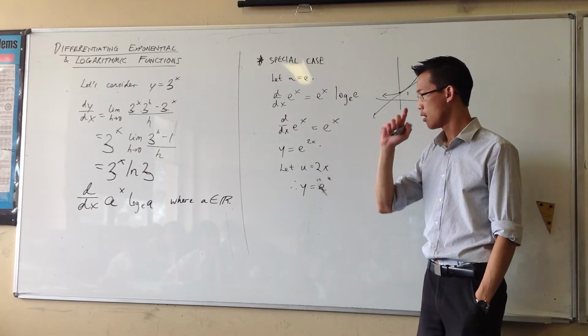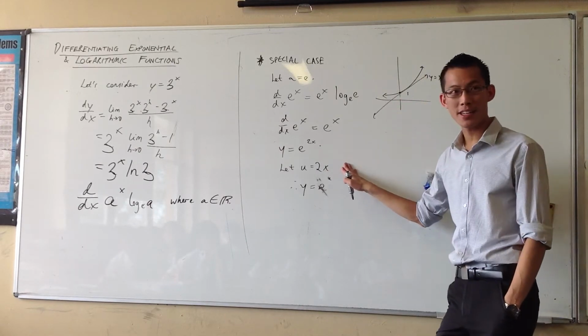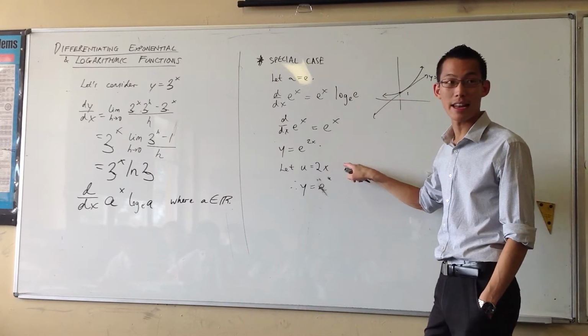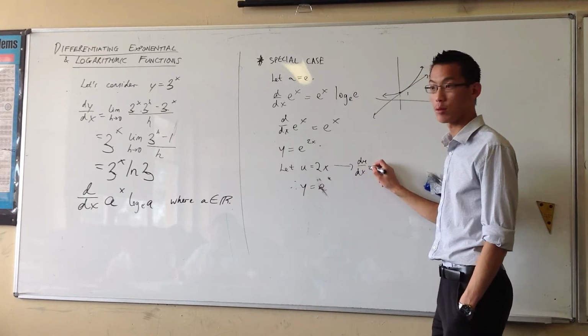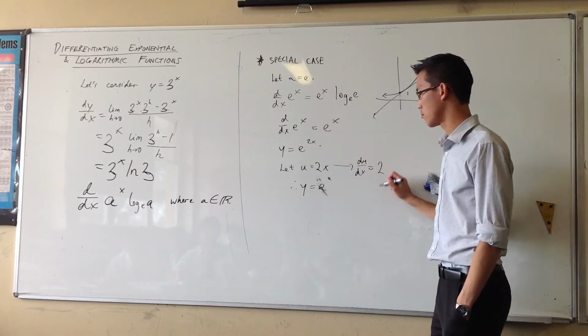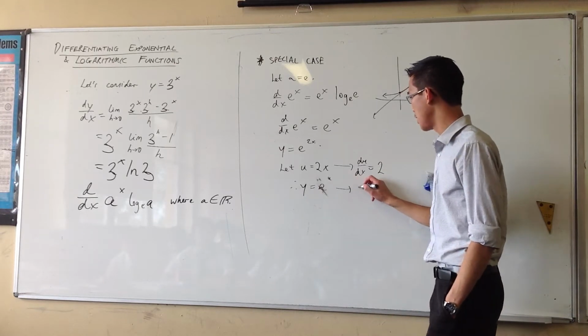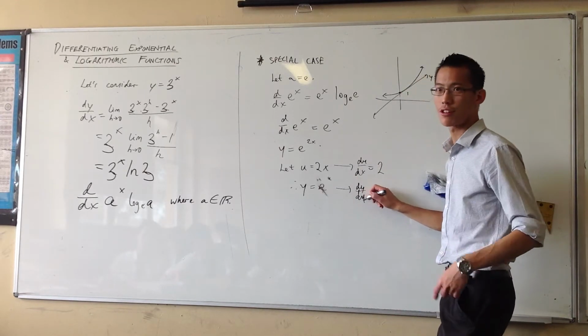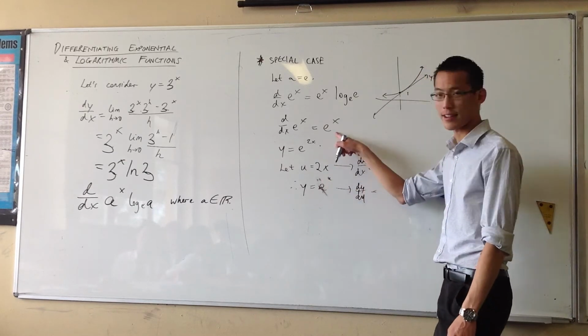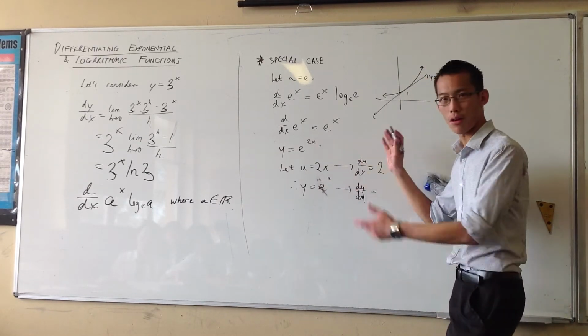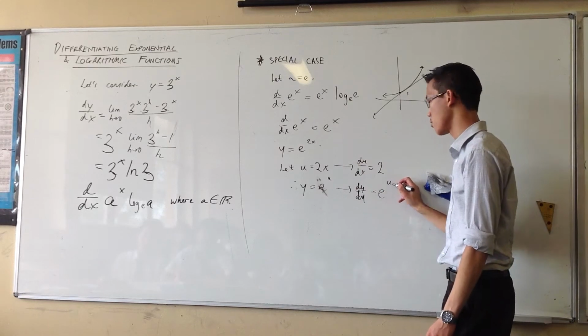So I've done my replacement. Now the next part of chain rule is the inside and the outside. So the derivative du on dx is equal to 2, and the derivative dy on du is, well, this thing doesn't change. That's just e to the u.